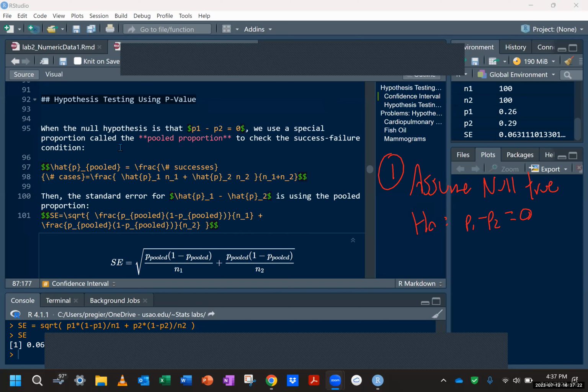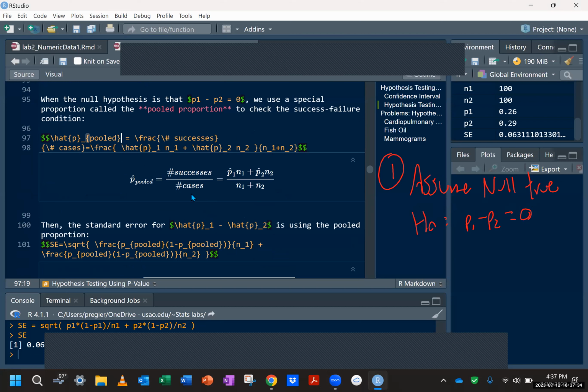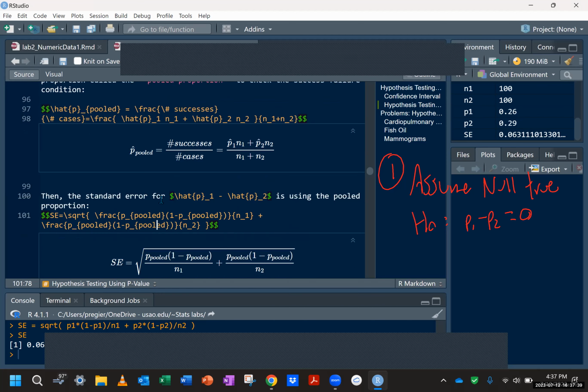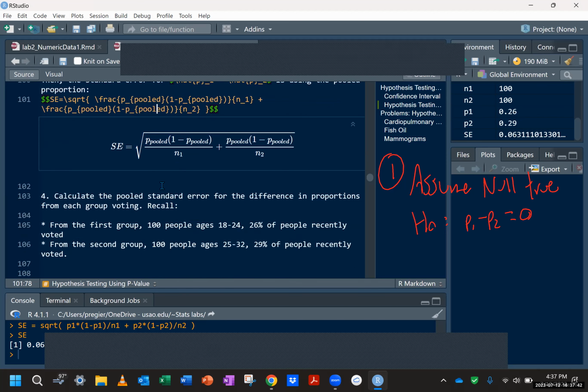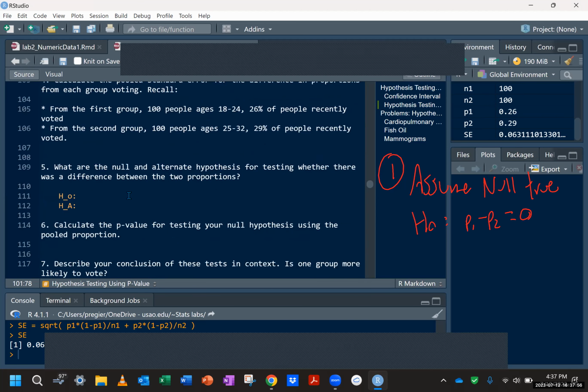If we assume there's no difference, this means the proportions are the same from both samples. So I have to do something fancy called the pooled proportion. In calculating our standard error, we've got to use this formula for finding the proportion. Using that pooled proportion, we're going to find a slightly different standard error than we did before. Crazy formulas. You'll notice this is actually just a weighted sum, kind of like we did when we found the expected value.